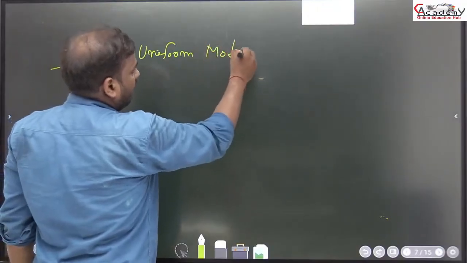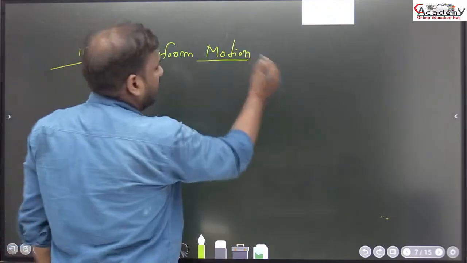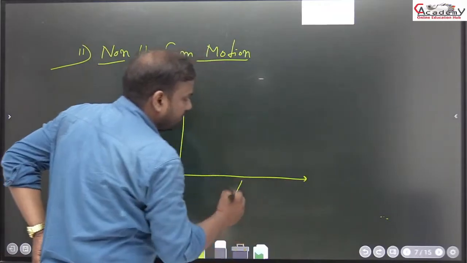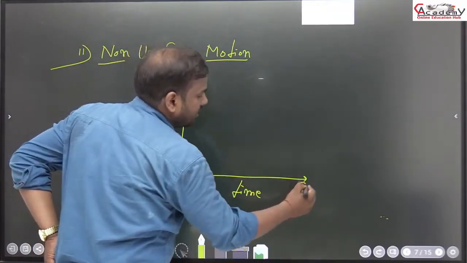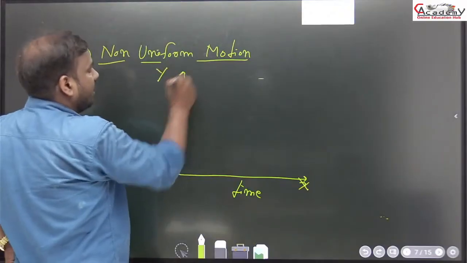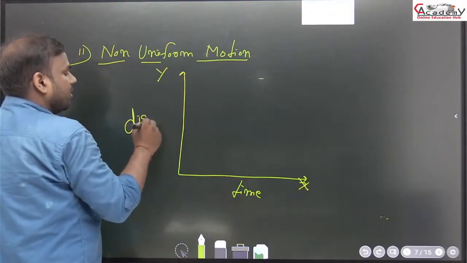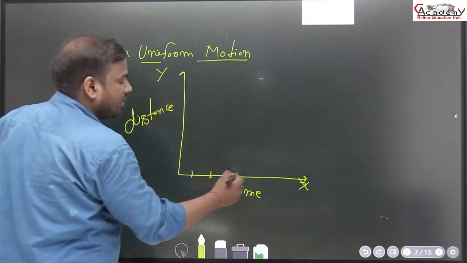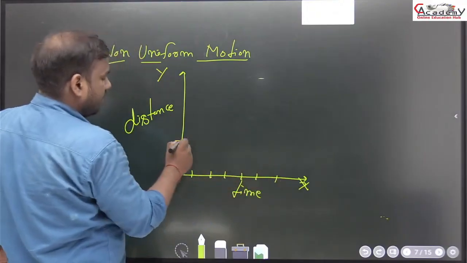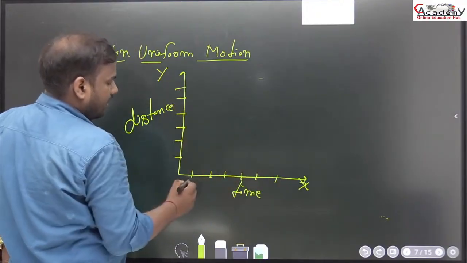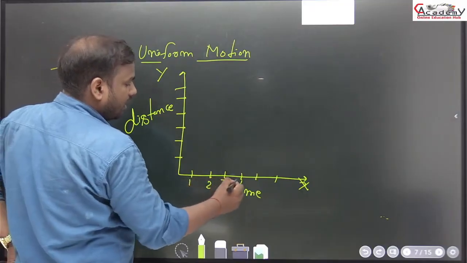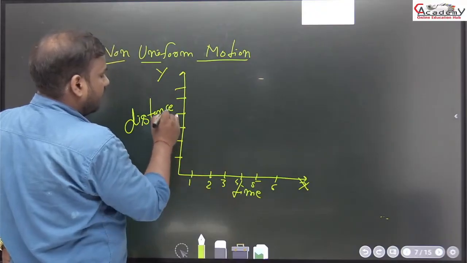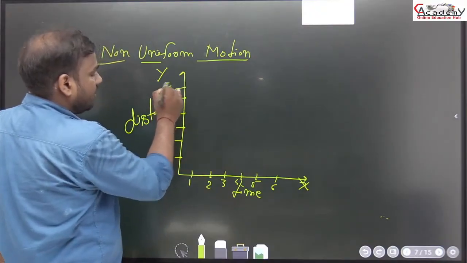Here that is the time on the x-axis, that is the y-axis, that is distance. Like that: 1, 2, 3, 4, 5, 6 and 10, 20, 30, 40, 50, 60.